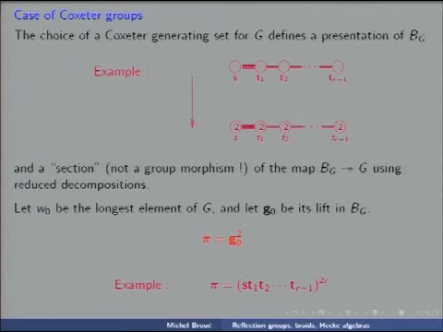For example, in that case, the pi is just precisely this power of the Coxeter element, s t1 t2 ... t_{r-1}, to a certain power. And this is the generator of the center of the pure braid group. Once again, this is a general result for which a conceptual proof is really missing. It can be checked case by case. It has been done or almost done, but we are missing a conceptual proof. All right.